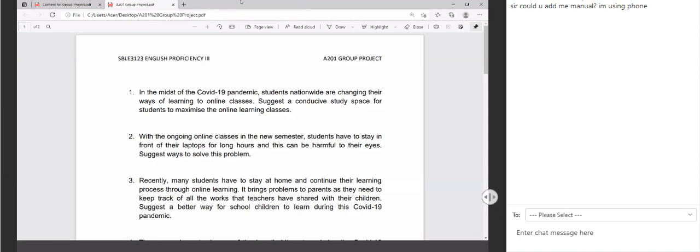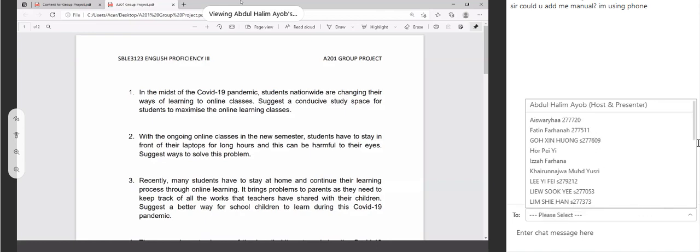You'll be given a problem, and you will solve it either by choosing a product that is already on the market, or by creating a creative product that could solve the problem. Do you understand or not? Is the instruction clear or not?